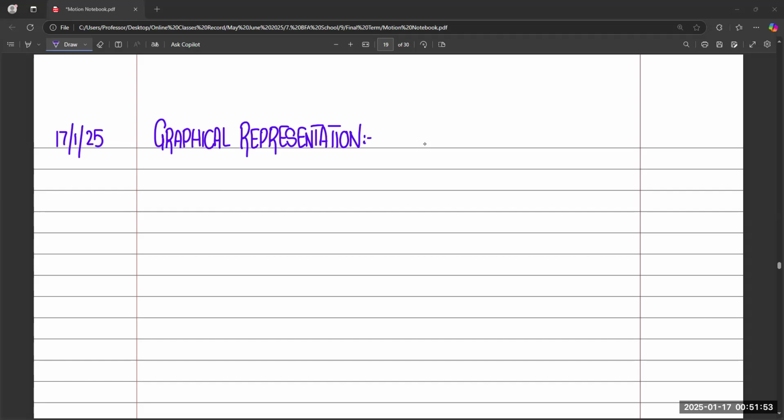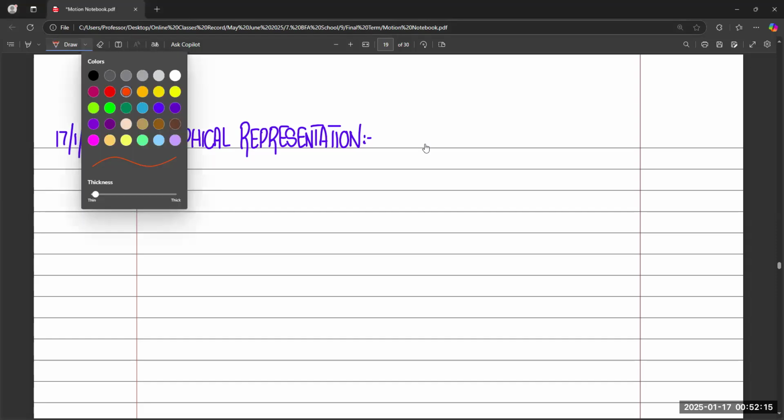And graphical representation also helps to find out the unknown quantity. For example, if we need to find a speed, we can calculate it from the graphical representation. We can also find distance, displacement, time, etc. from graphical representation. So there are two types of graphs included in the motion chapter.